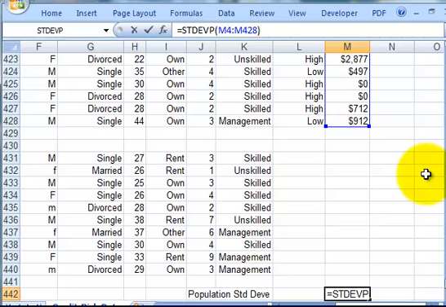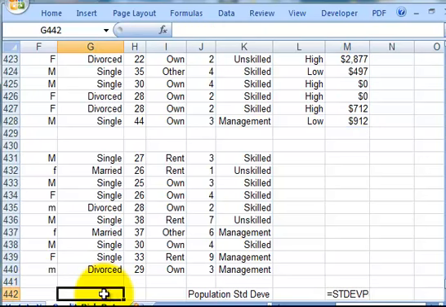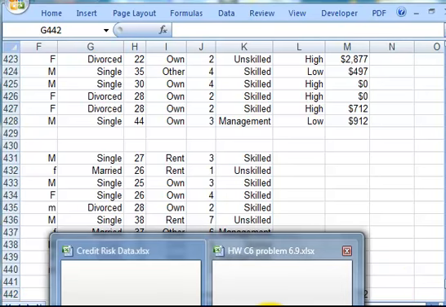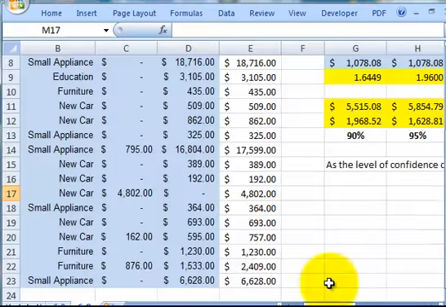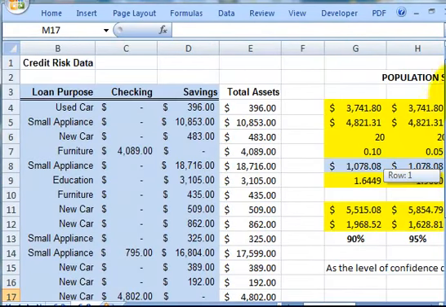I highlighted all of these, ignoring this new data, and I got 4,821.